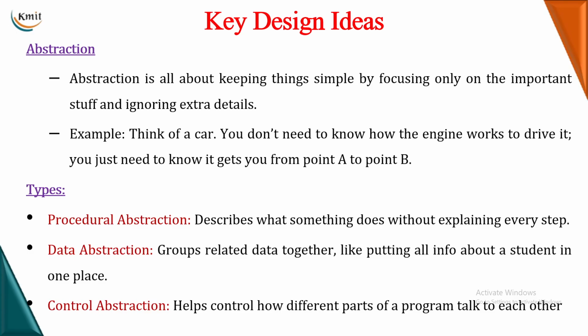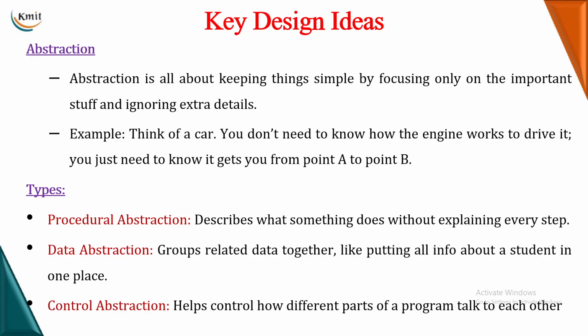The next one is data abstraction. In data abstraction, instead of giving elaborate details about your data, you simplify everything. For example, instead of saying this is student ID, this is student name, this is student roll number, you simply say this is student detail. That is called data abstraction. The third one is control abstraction.